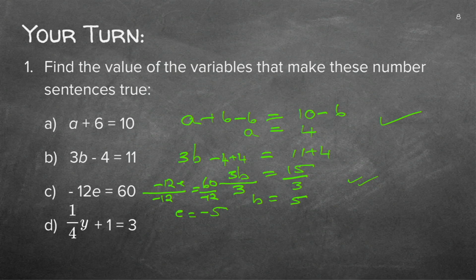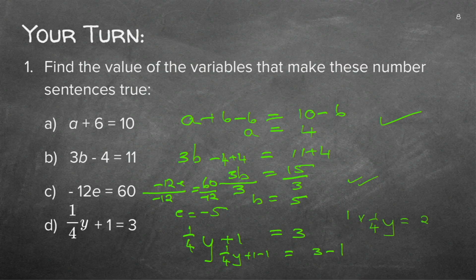And then the last one on this page: a quarter y plus 1 equals 3. To get the quarter y on its own, we say a quarter y plus 1 minus 1 equals 3 minus 1. And now a quarter y equals 2.